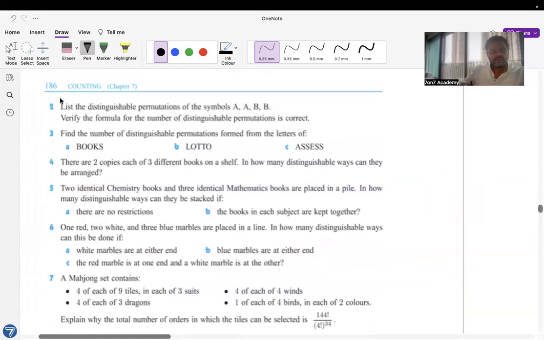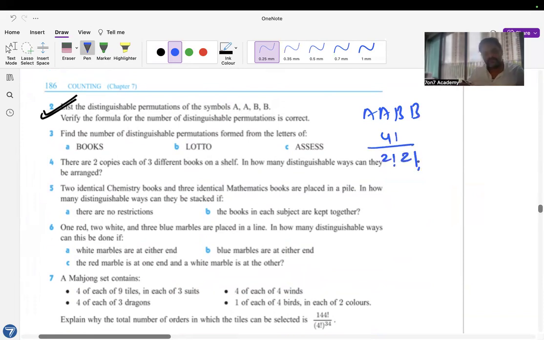Okay. Can you just try these two questions? How many permutations are there if you use A, B, B? Isn't this 4 factorial divided by 2 factorial times 2 factorial? Okay.